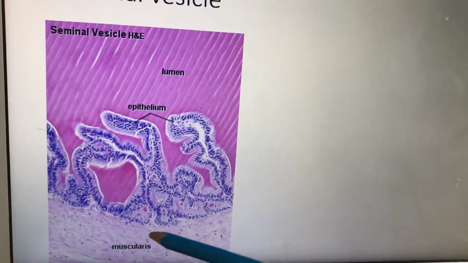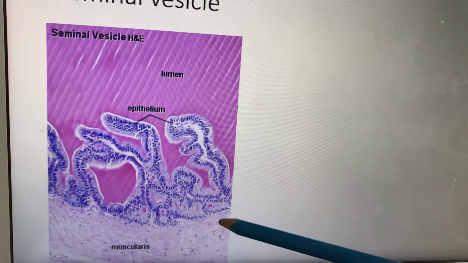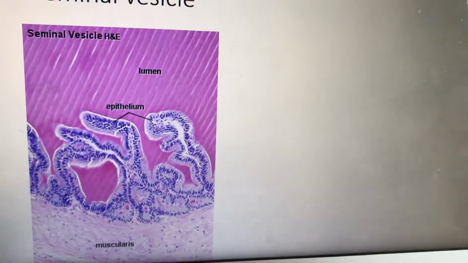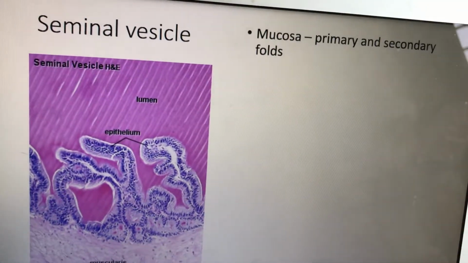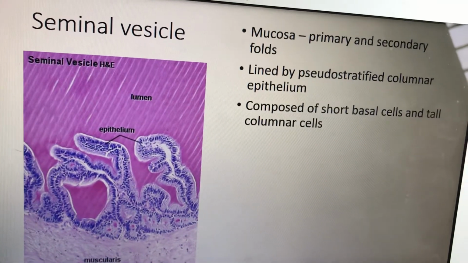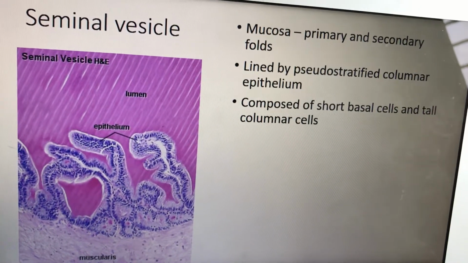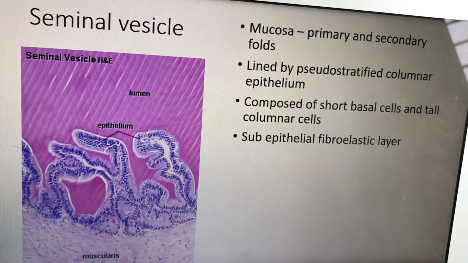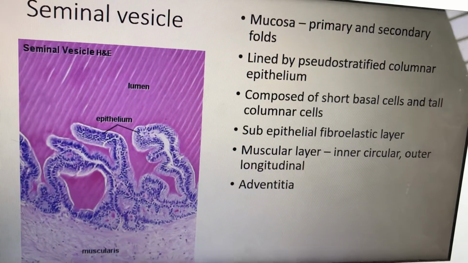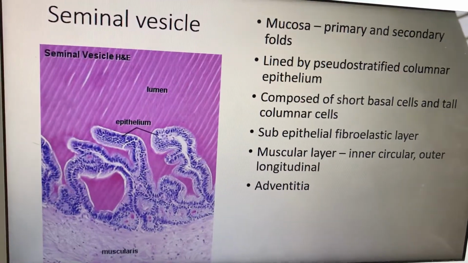And you have the next layer, as usual, lamina propria, a fibroelastic layer, and then the muscular layer. Mucosa with primary and secondary folds, lined by pseudostratified columnar epithelium, short basal cells and tall columnar cells, a subepithelial fibromuscular layer, and the muscular layer is inner circular, outer longitudinal.